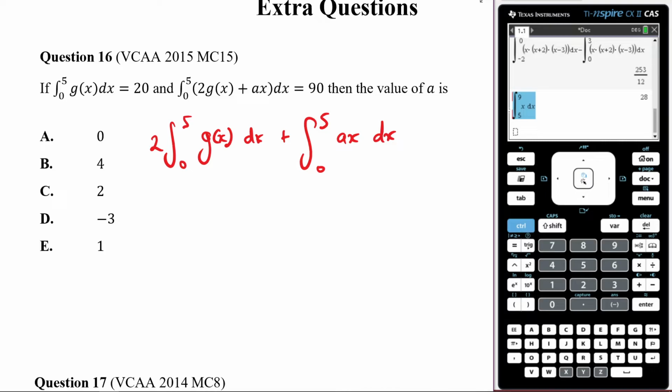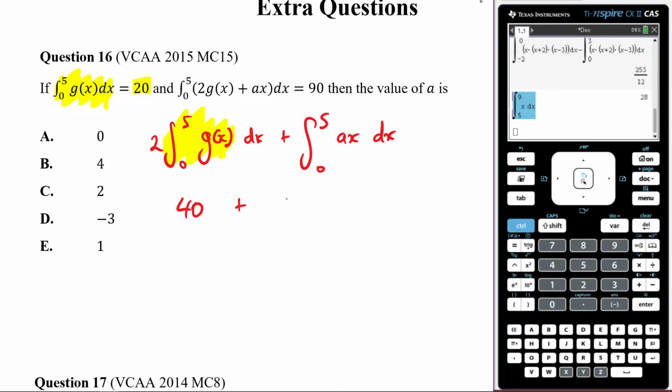Okay, that is everything there. Now I know that this right there is that, so that is 20. So this is going to be 2 times 20 plus, so that's going to be 40. Let's just write that as 40.